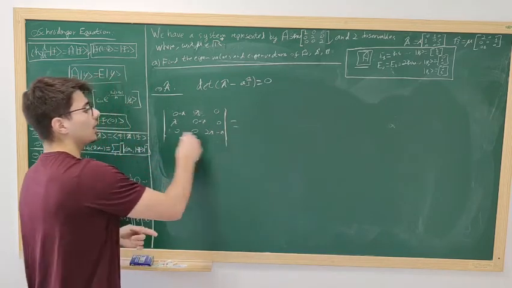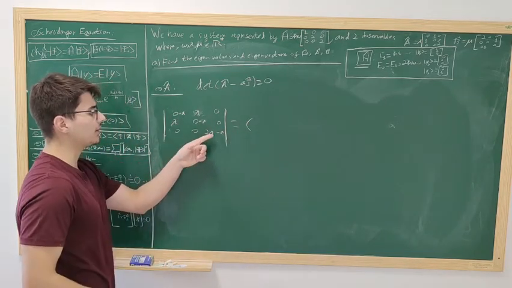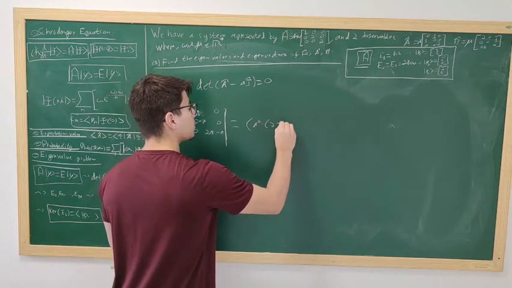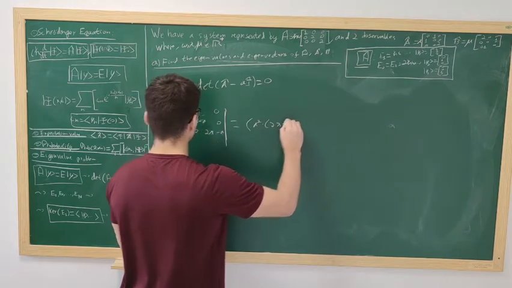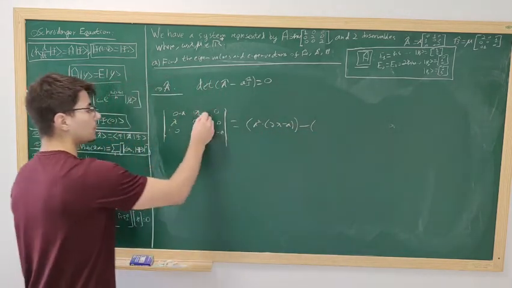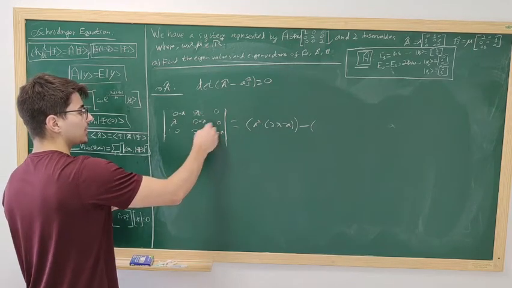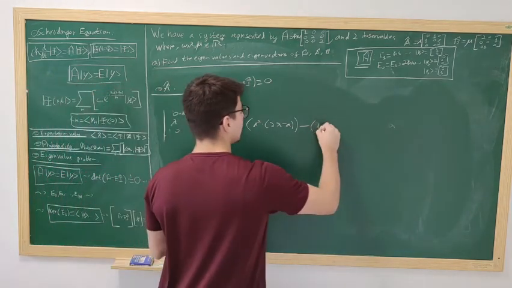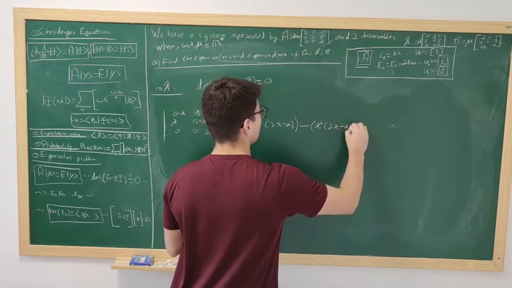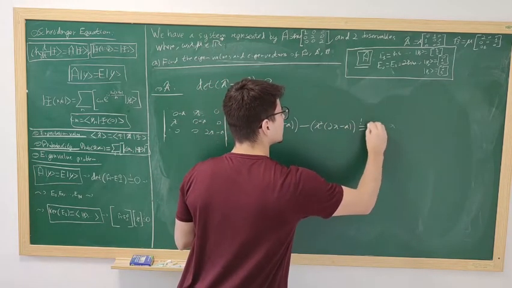We just have minus a times a squared times 2 lambda minus a, and the rest will be 0. So this will be lambda squared times 2 lambda minus a, and we are imposing that this is 0.